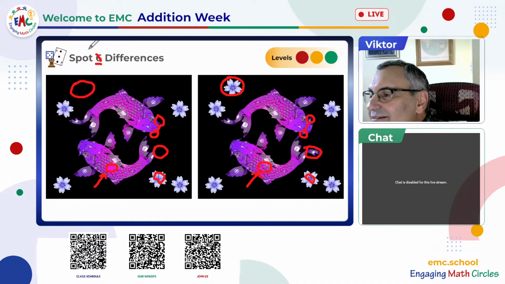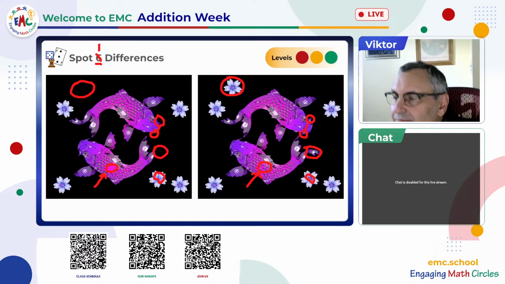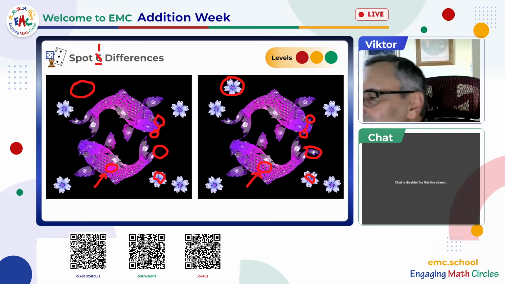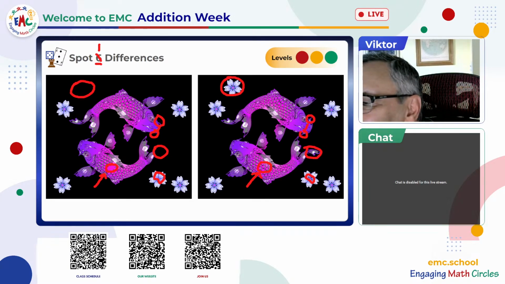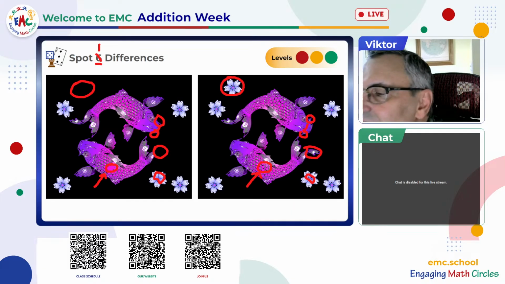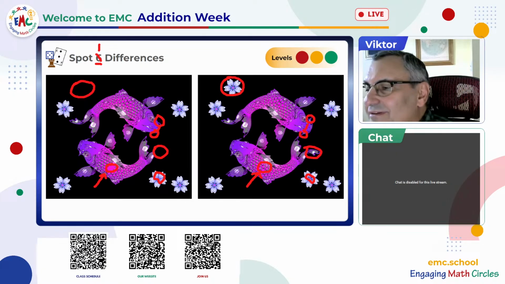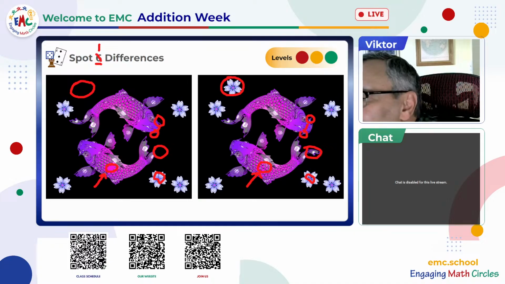Let's see if we can find it. Any hints? There's one more on one of the fish. Let me analyze the bottom fish, and maybe somebody at the same time analyze the top fish. Maybe it's the top fish, maybe it's the bottom fish.